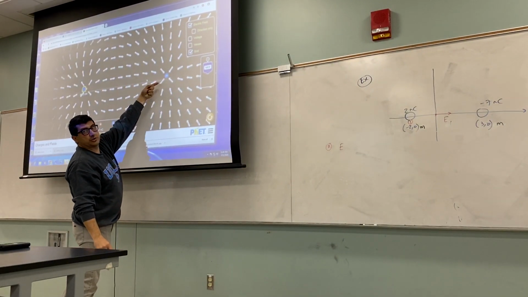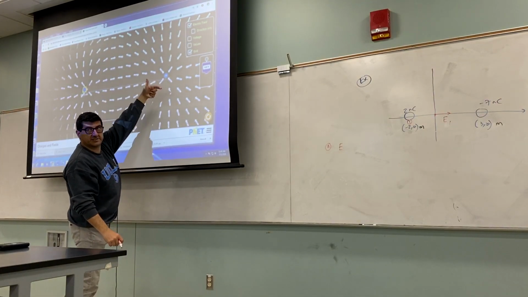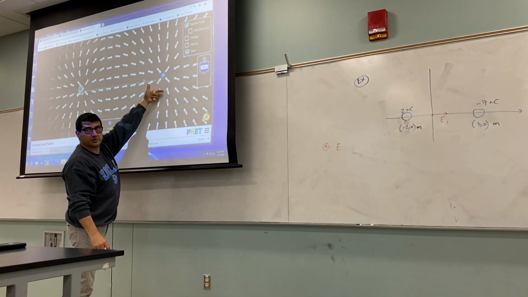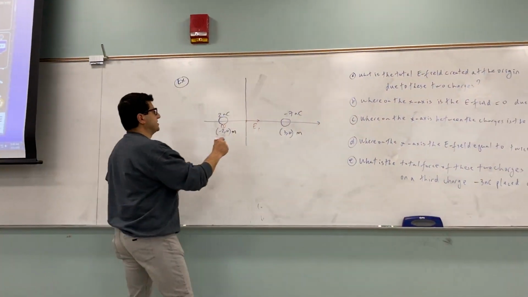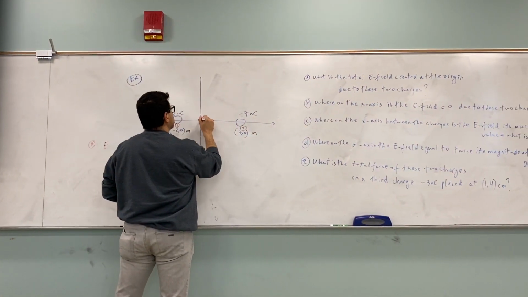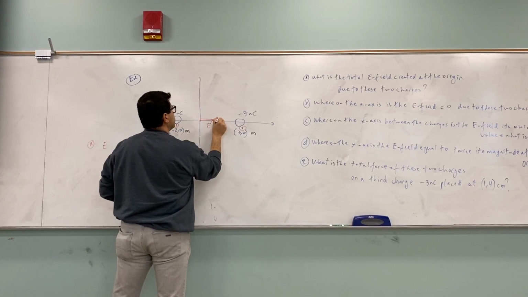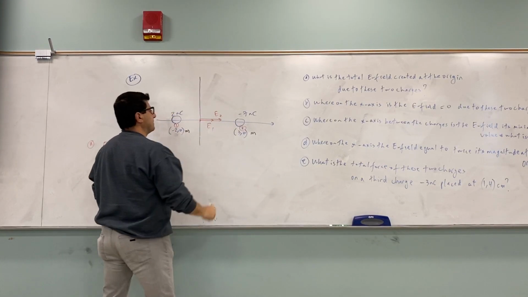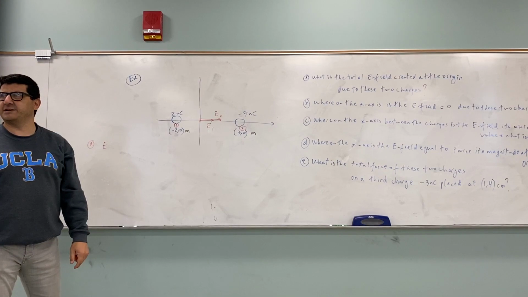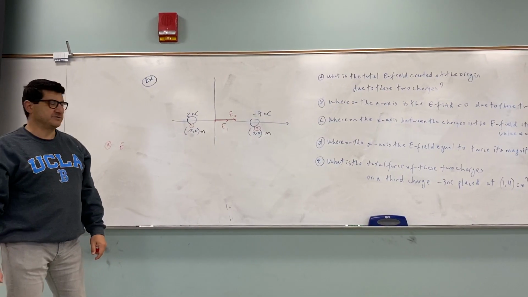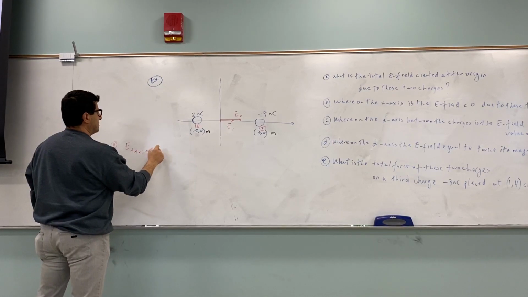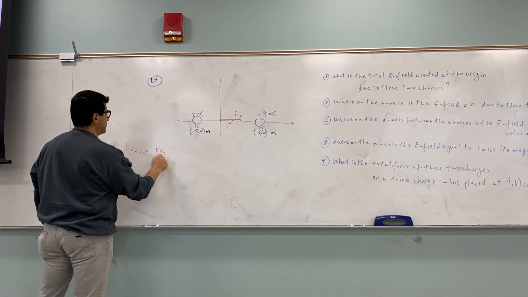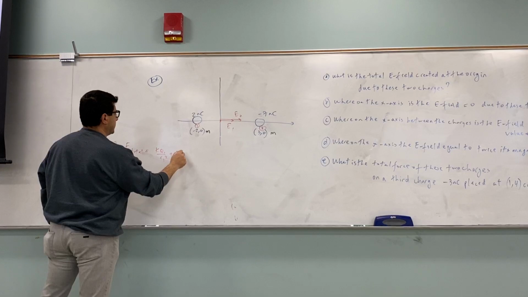But negative charges also create electric field towards themselves, right? So they end up adding. If this is the second charge, this is E2. They end up adding each other, right? So E total is going to be k Q1 over R1 squared plus k Q2 over R2 squared.